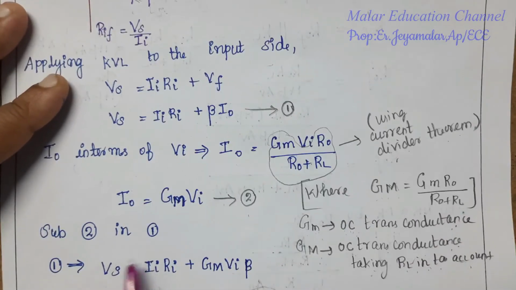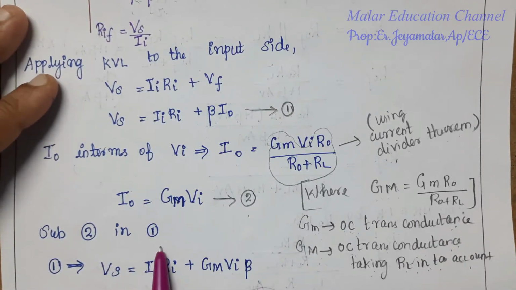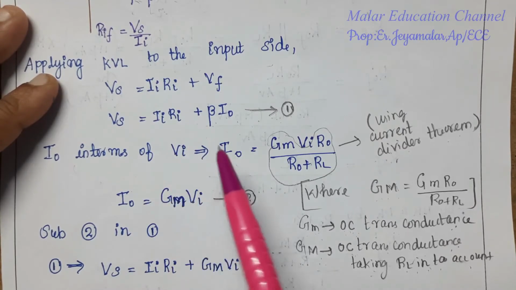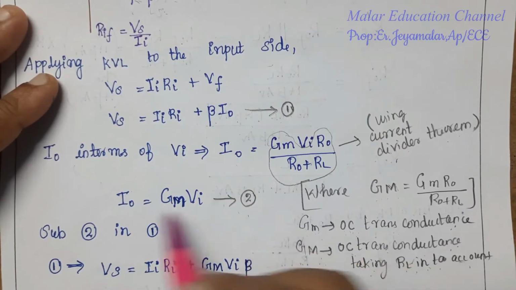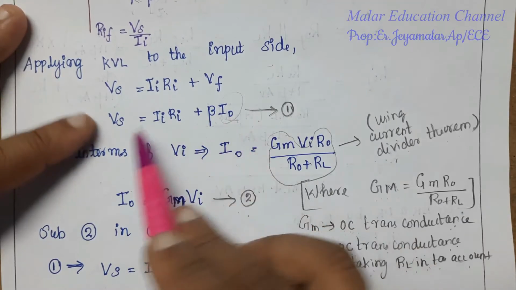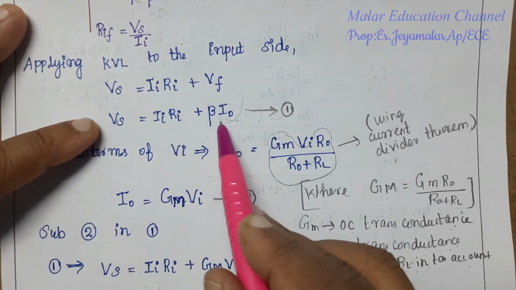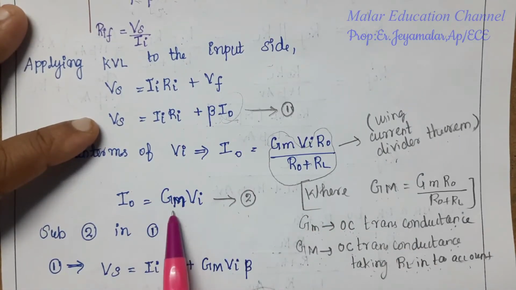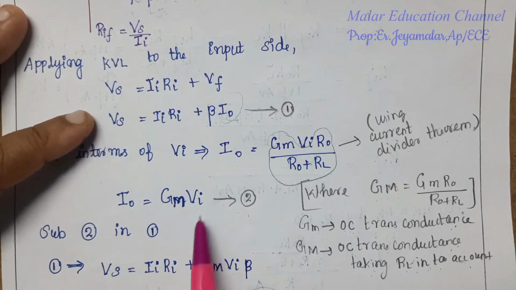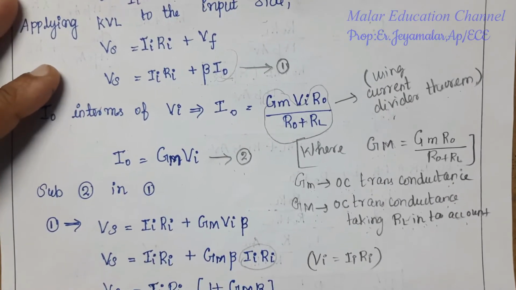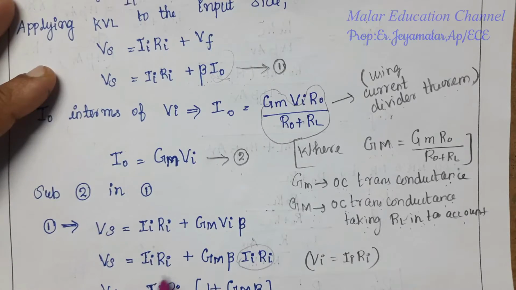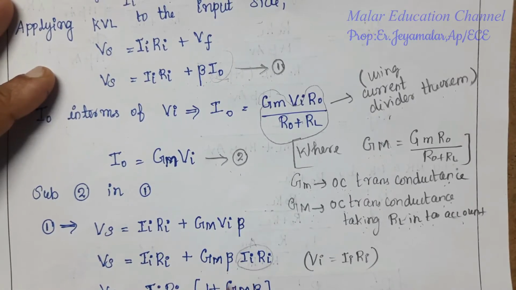Next, substitute equation number 2 in equation number 1. Substitute the I0 value here, so Vs equal to Ia into Ri plus Gm into beta into Vi.